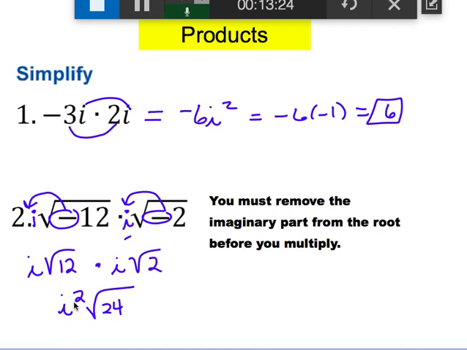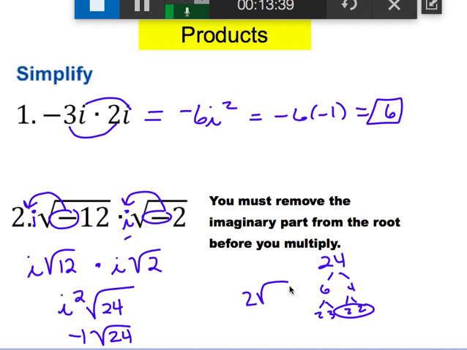Well, we know that i squared is negative 1, and 24 can be broken down using your table. And you have a pair of 2's, and you have a 6 left over. So 2 square root of 6 replaces the square root of 24, because that's what you just did. You just broke it down, you simplified it. So the final answer there would be negative 2 square root of 6.